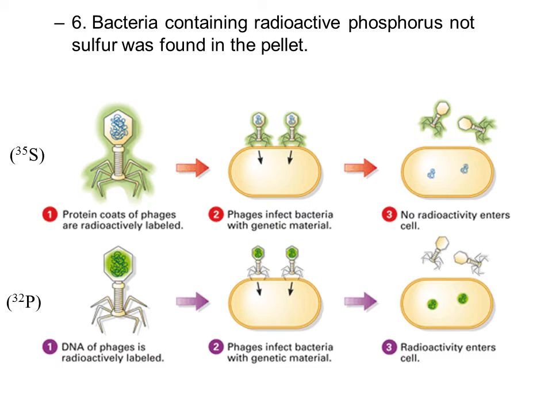Once it is lysed, you're looking for radioactive particles. In the Hershey and Chase experiment, the phosphorus was seen in the bacteria that was ruptured. Therefore, this concluded that the DNA was the transforming agent, not the protein.